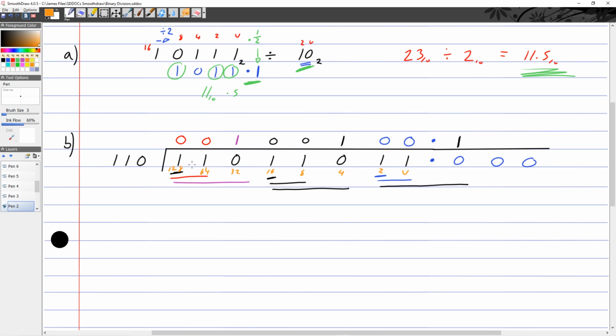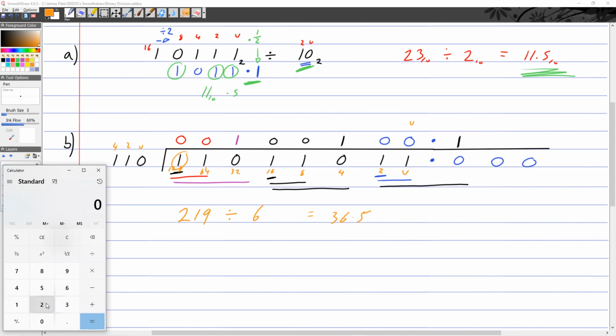So the original number was worth 128 plus 64, which is 192, plus 16, which is 208, plus 8, which is 216, plus 3. So 219 was the original number, and we were dividing that by 6.